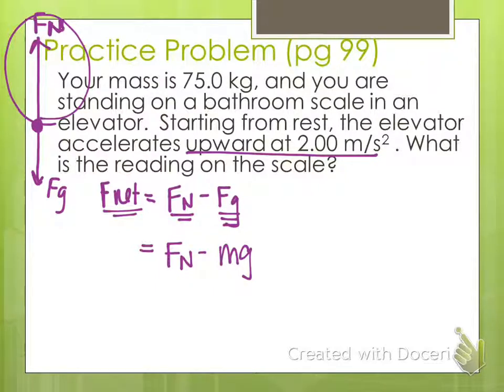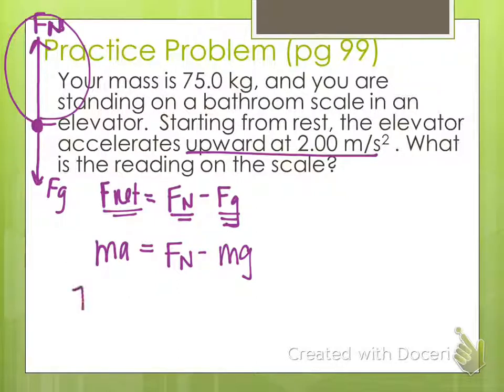Mass times acceleration, ma. Okay. Now, you could solve for these separately and then bring them back to the net force equation. I think it's better for you to be able to see it all in one place first before you start plugging in numbers. But that's up to you. If you can solve for F sub g first, then just plug in the number. That's fine with me. But I think it's better to have all the variables in and then we start plugging in.